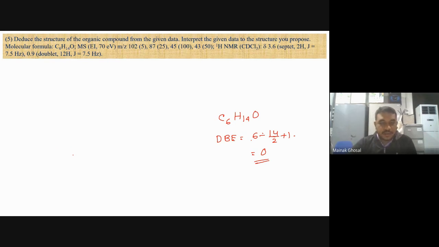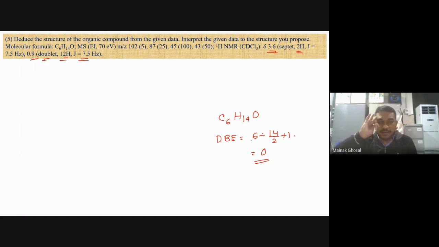Now, going to the NMR, you see only 2 peaks are there: 3.6 septet, 1 hydrogen, and here 12 hydrogen doublet. And J is the same, that means they are coupled to each other. How is it possible? So 0.9 is 12 hydrogen.